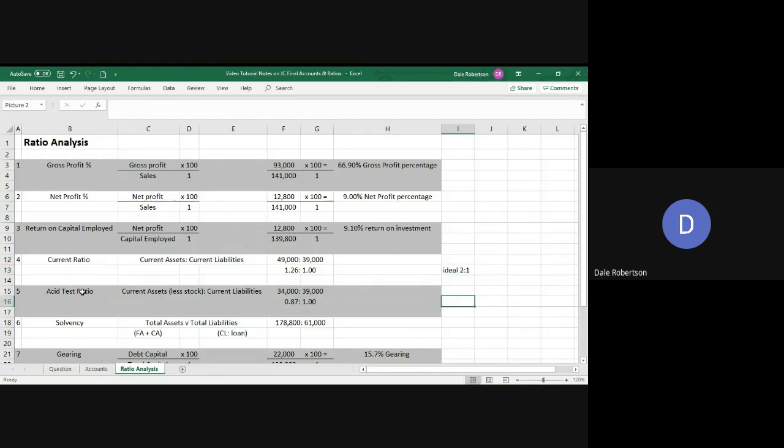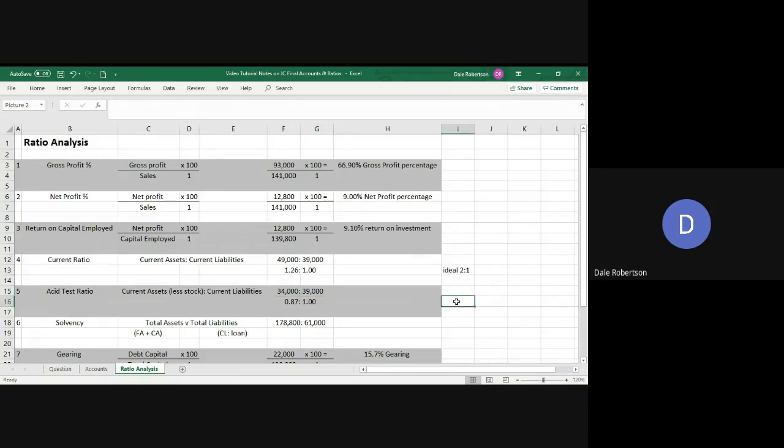And the asset test ratio is the exact same formula, except it's current assets without closing stock is to current liabilities. So that is the 34. That is 49 current assets minus 15 closing stock gives you the 34. You still put that is to 39, and that is going to be 0.87 is to 1 when you divide 39 into 34.